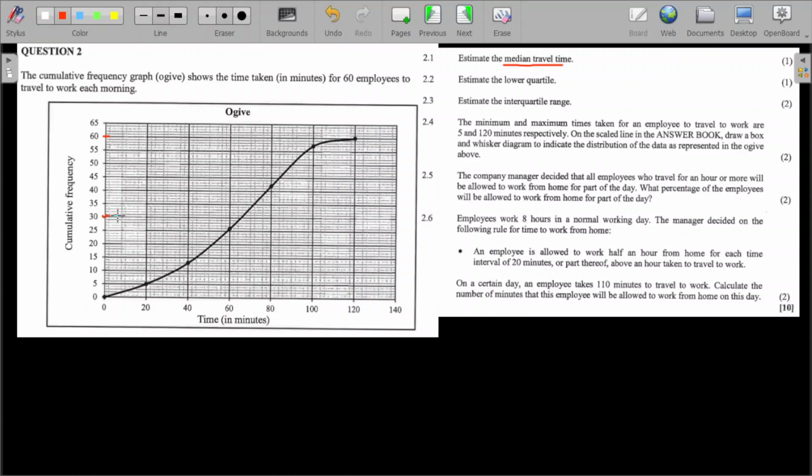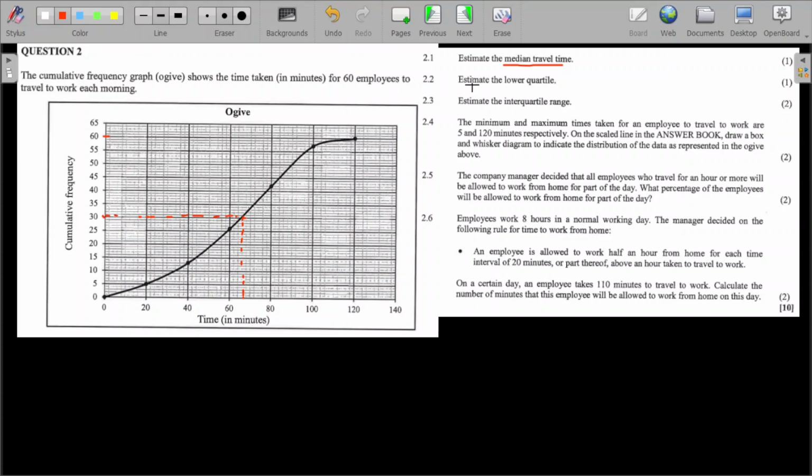So from here you go across and then come down, and then you estimate. Again, they say estimate, so it's a matter of estimation. Is it 65, 66, 67, or somewhere there? How much do you estimate?